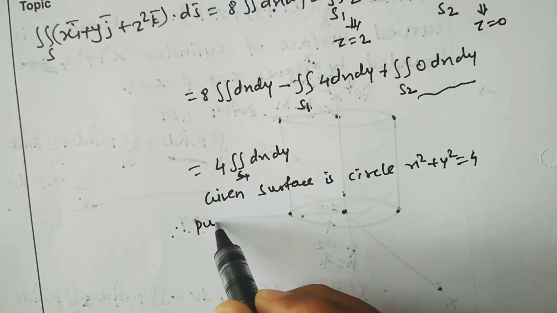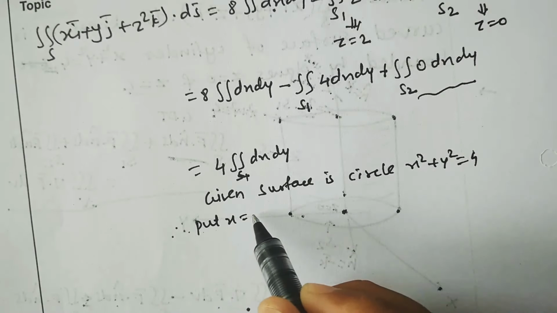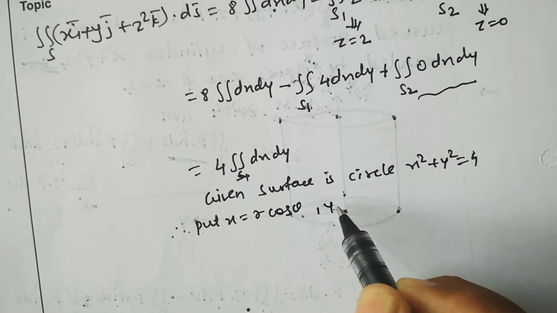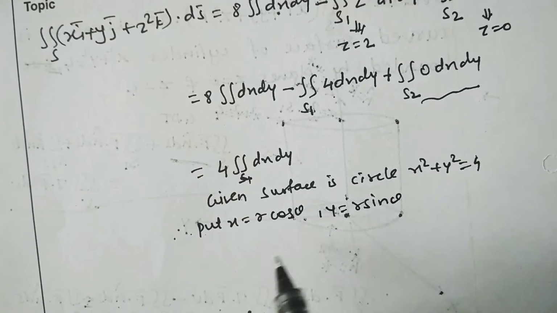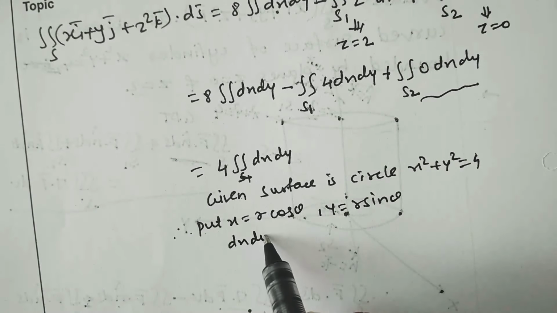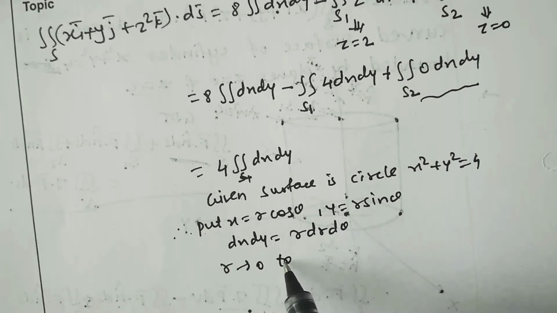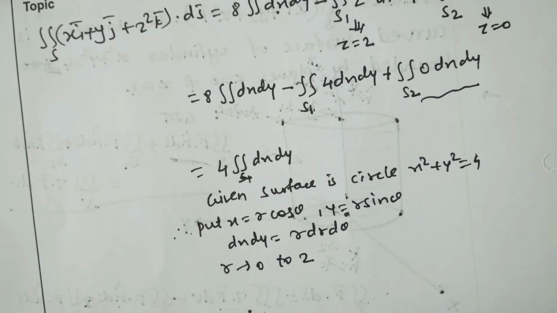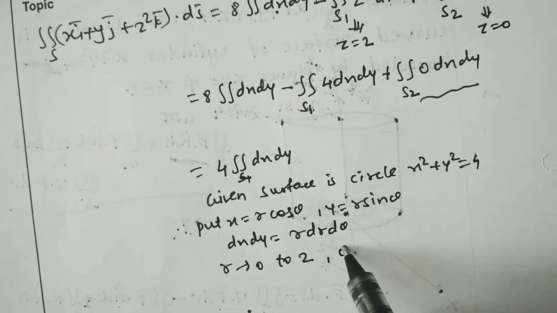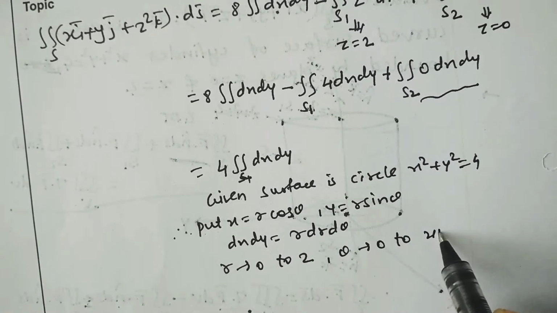Therefore put x equals r cos theta, y equals r sin theta, dx into dy is equal to r dr d theta. The value of r varies from 0 to the radius. The radius of the circle is 2, and theta varies from 0 to 2 pi, because this is a full circle.